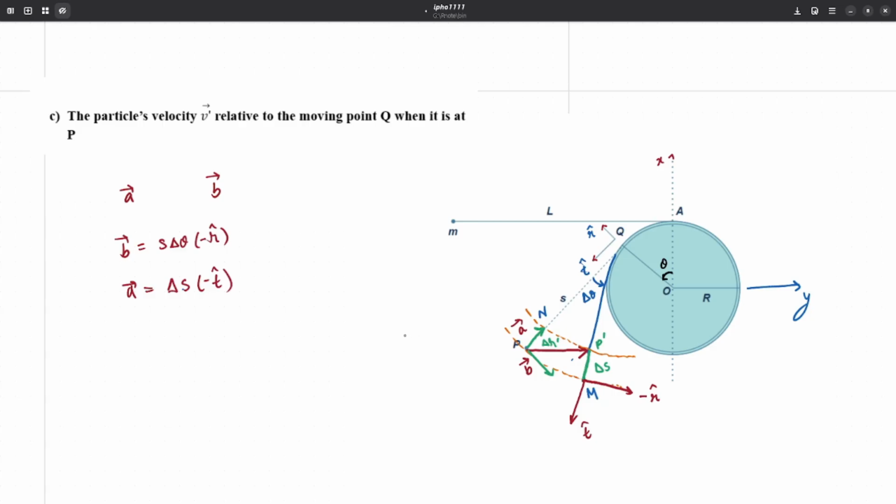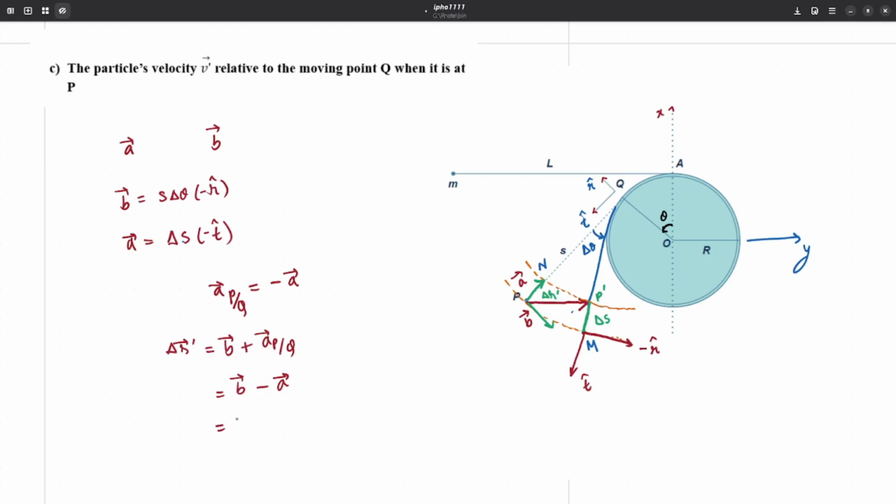So A of P with respect to Q is equal to minus A. Now we can write delta r prime to be equal to B plus A of P with respect to Q. Therefore, this gives us B minus A.